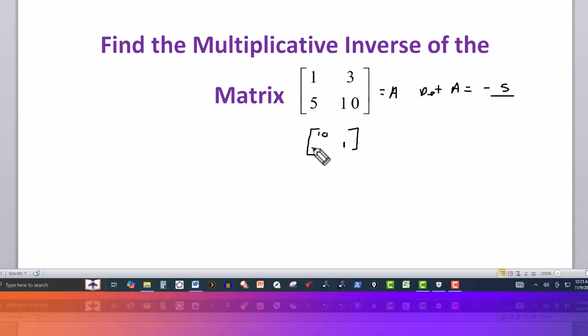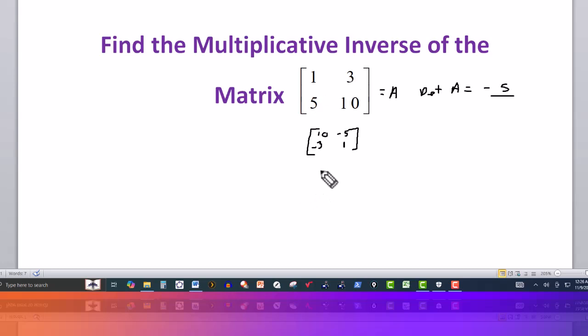So the 3 goes over here, but it becomes a -3, and the 5 goes over here and becomes a -5.